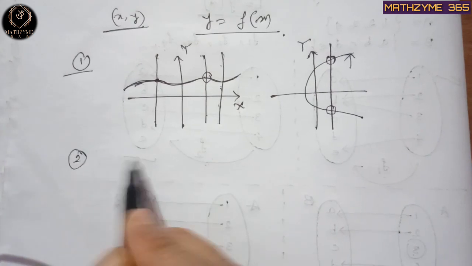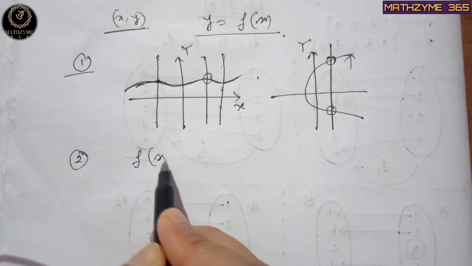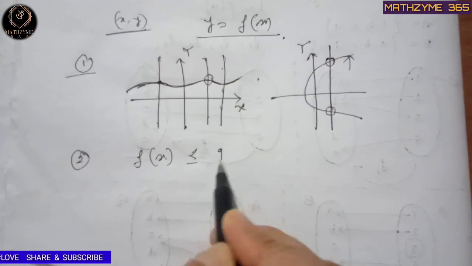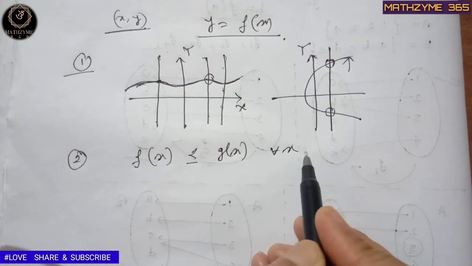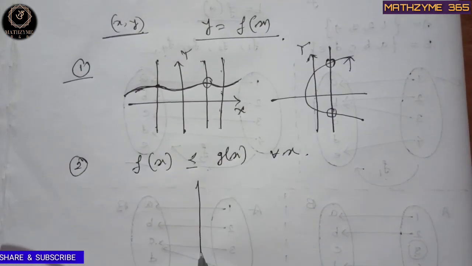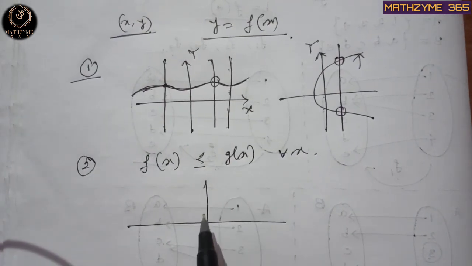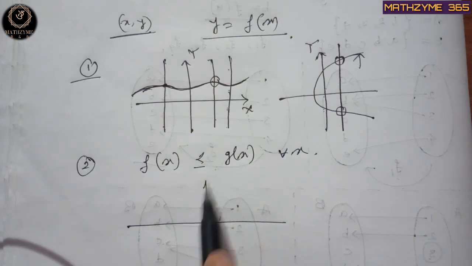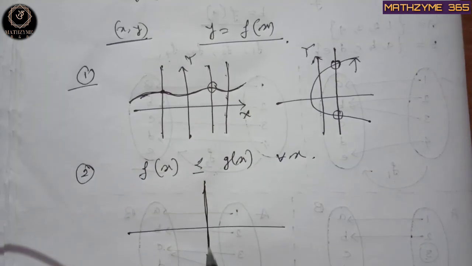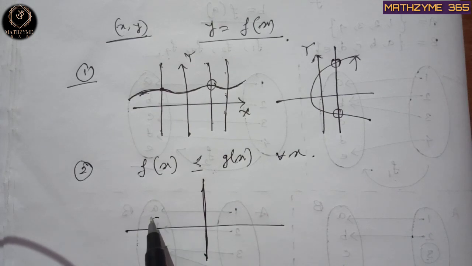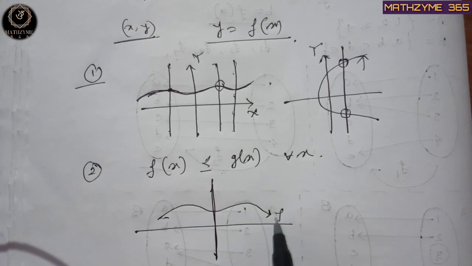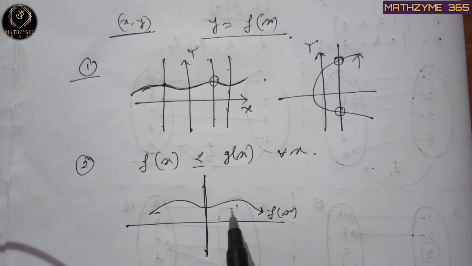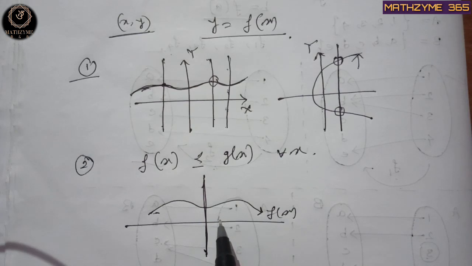If f(x) is less than or equal to g(x) for all x, then the graph of f(x) always lies below the graph of g(x).